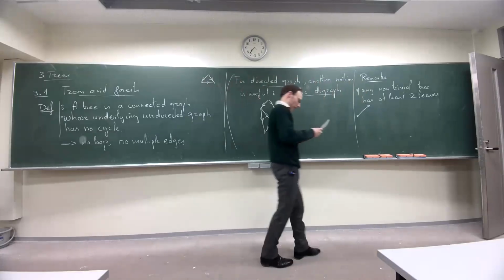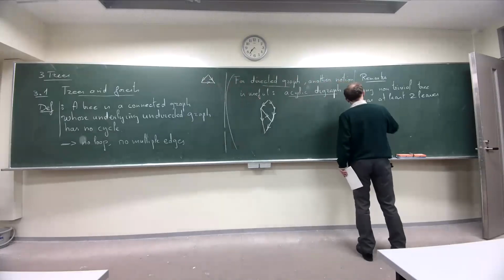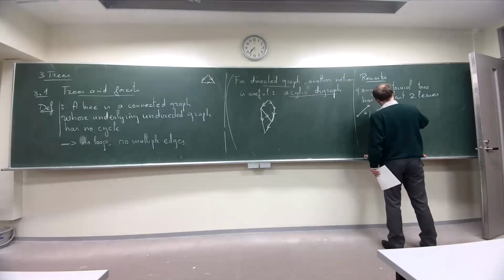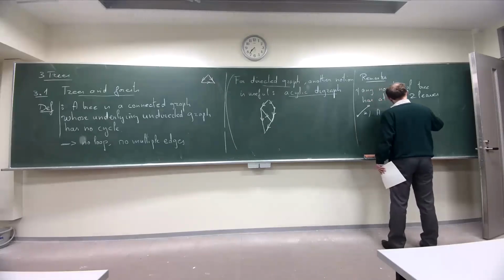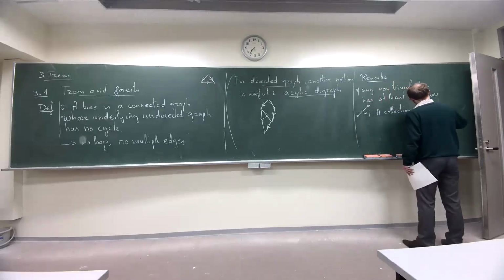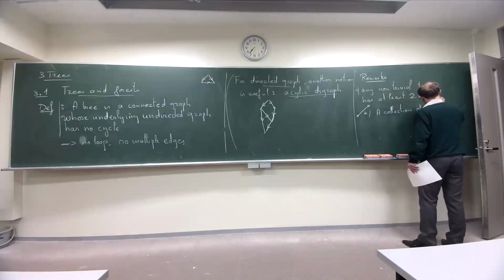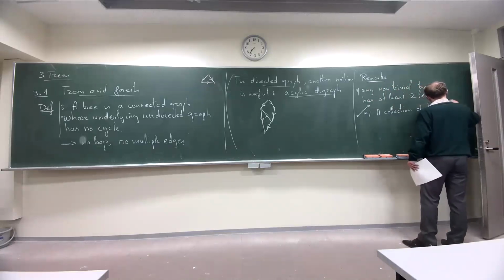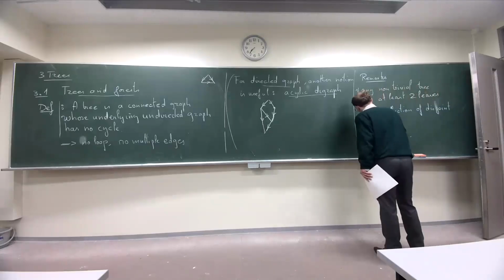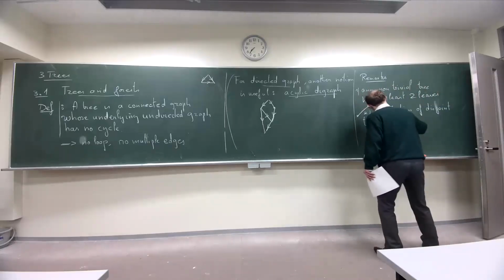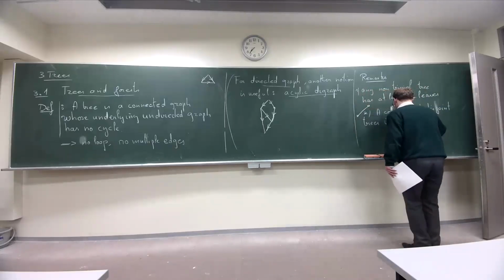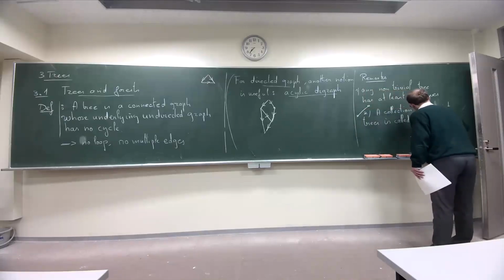It's just an observation. The second observation: a collection of disjoint trees is called a forest. You're not surprised.